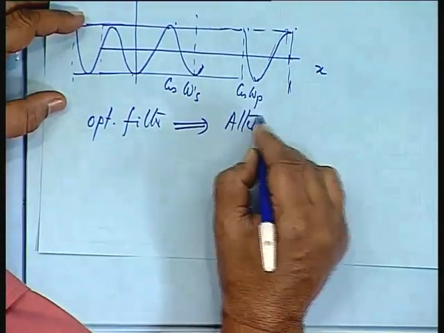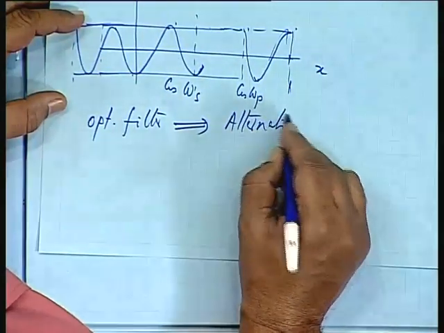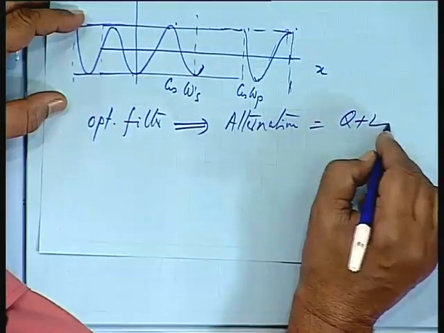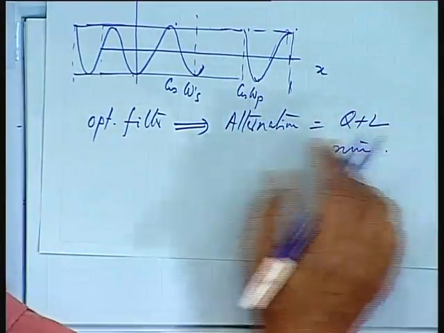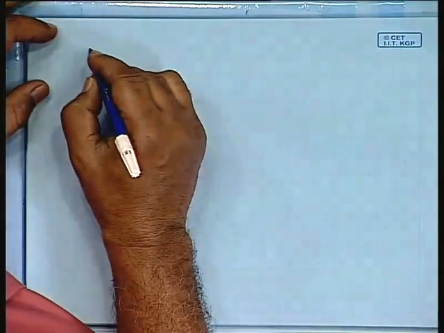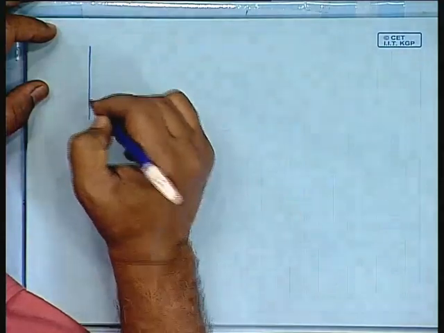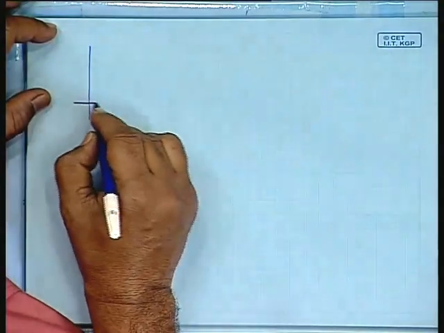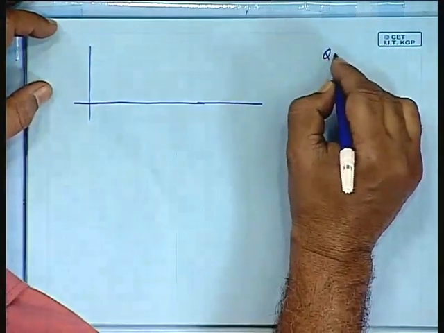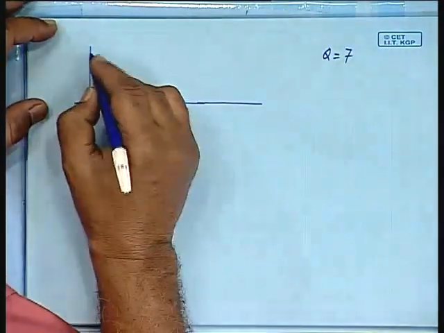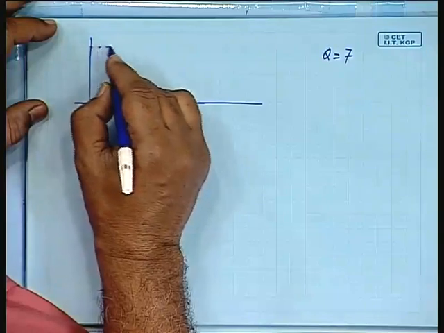Let us sketch one or two typical examples. What are the possible values of alternations in a given set? Say you have q equal to 7.